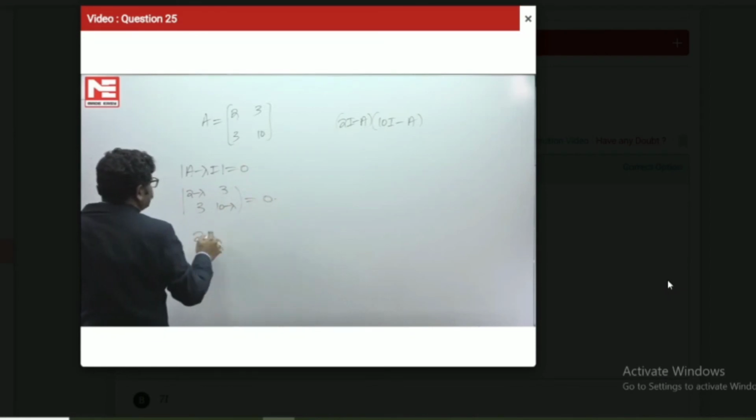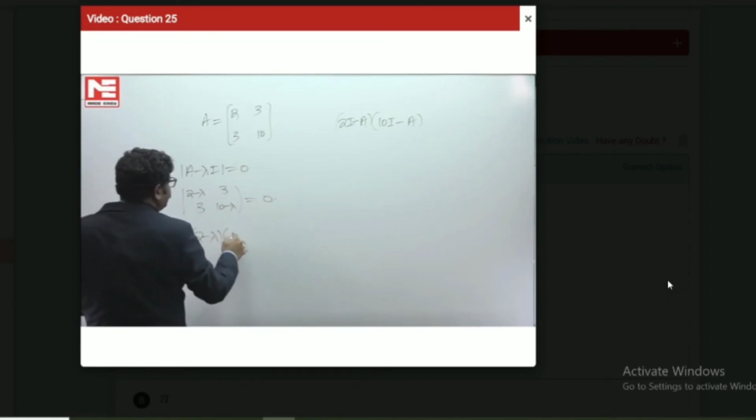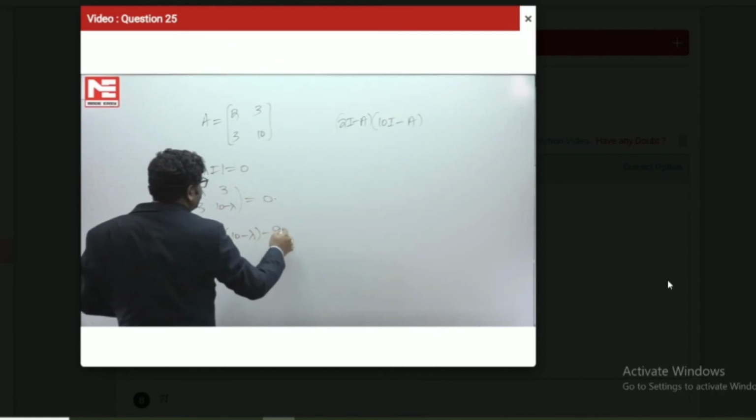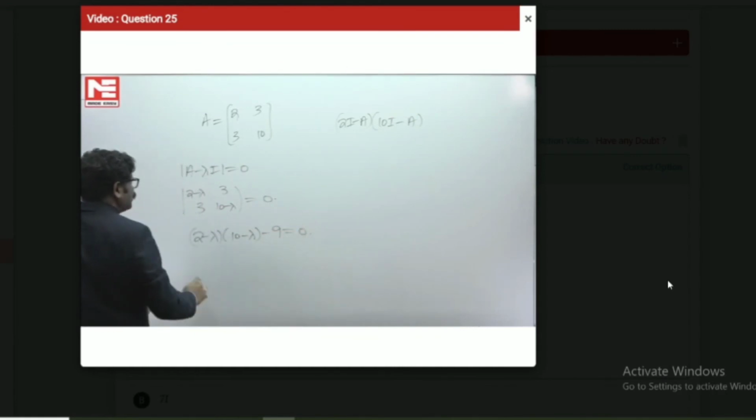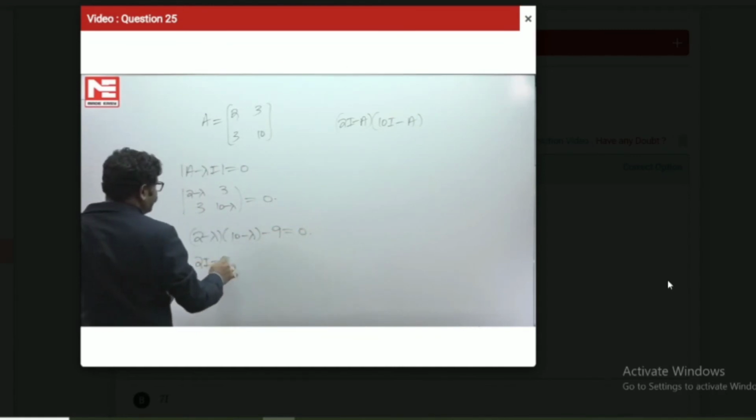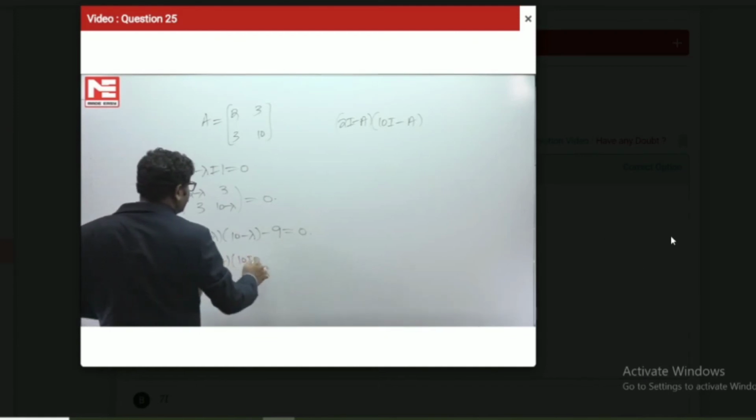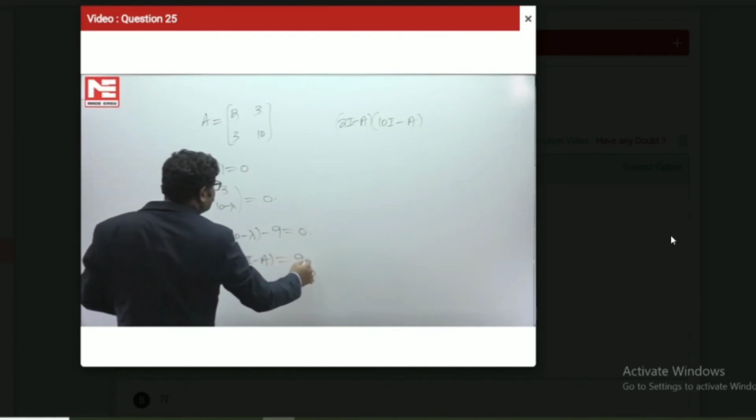That is 2 minus lambda into 10 minus lambda minus 9 equal to 0. Therefore 2I minus A into 10I minus A is equal to 9I.